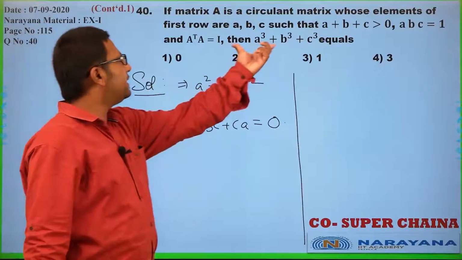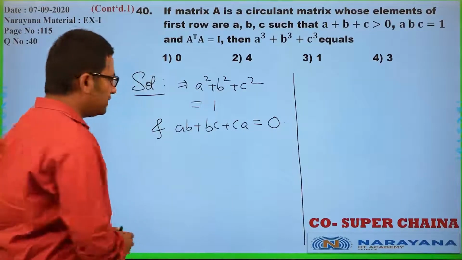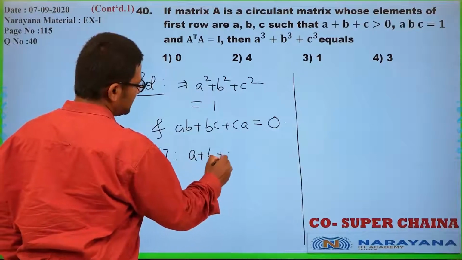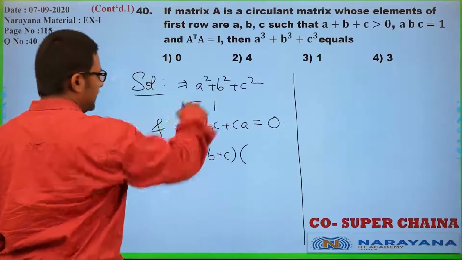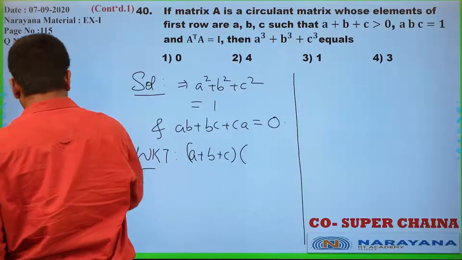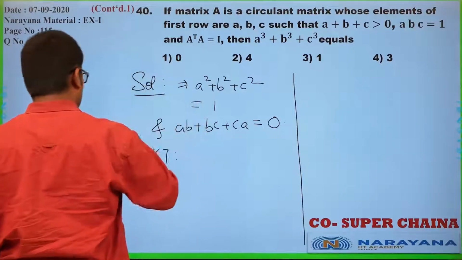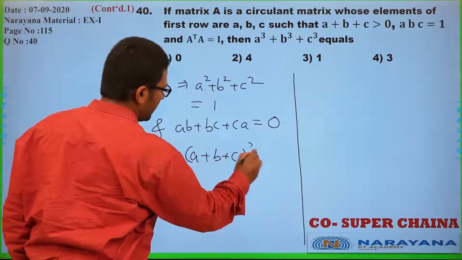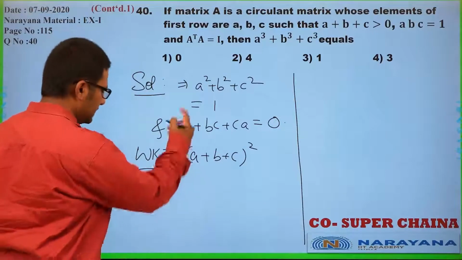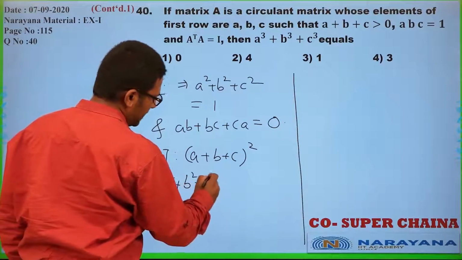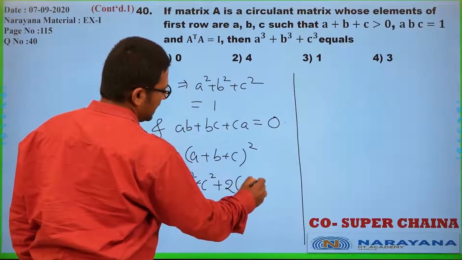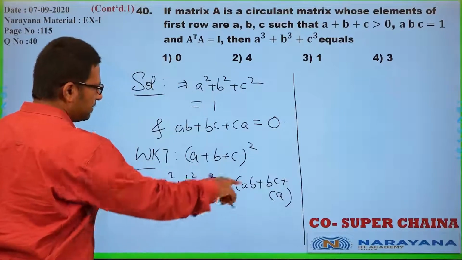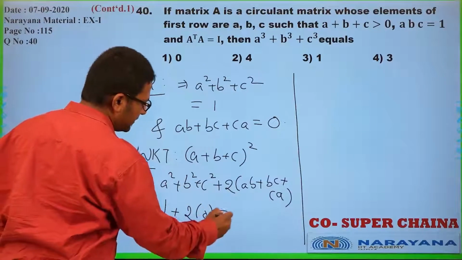Now we need to get to a³ + b³ + c³. Before we even go there, we know that (a + b + c)² is a² + b² + c² + 2(ab + bc + ca). So this is 1 + 2 times 0, which is 1 only.